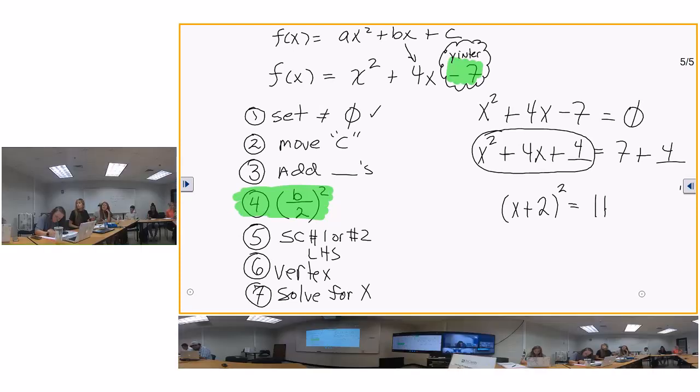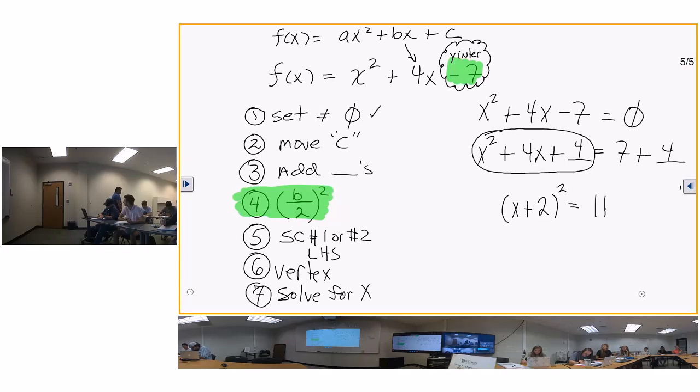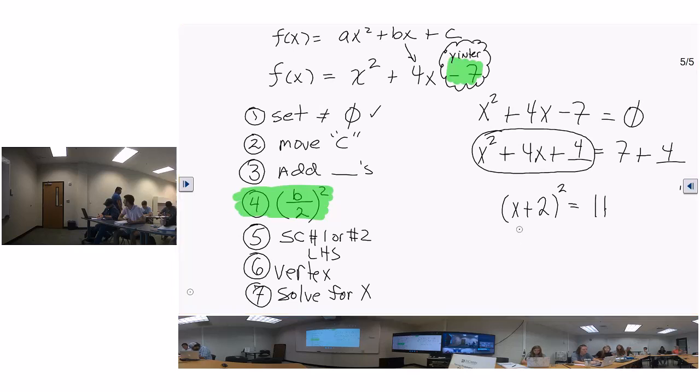Question, gripe, complaint. Now, there's 2 directions you go here. I'm going to draw 2 arrows. One's going to go to the left, and one's going to go to the right. The one to the left is going to say vertex. One to the right is going to say solve for x.